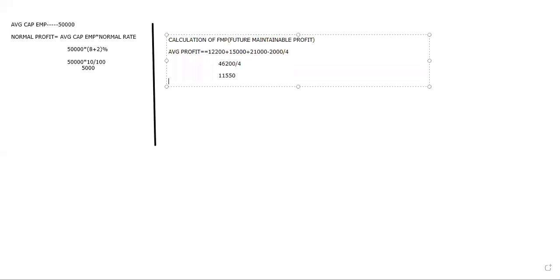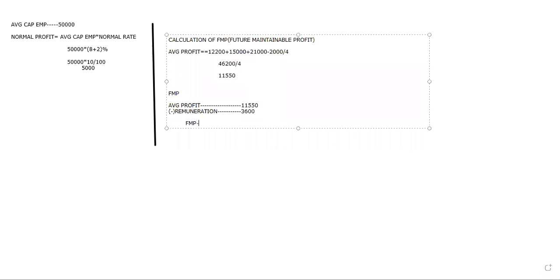Now I got this one, but here he gave remuneration. Whenever he gives remuneration I have to subtract it. So FMP is the average profit, which is 11,550, minus remuneration, which is 3,600. So how much will we get?